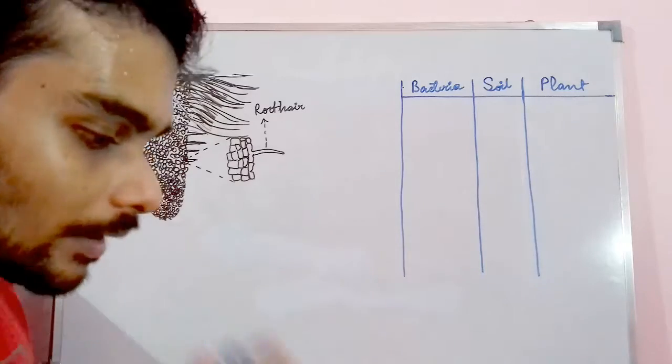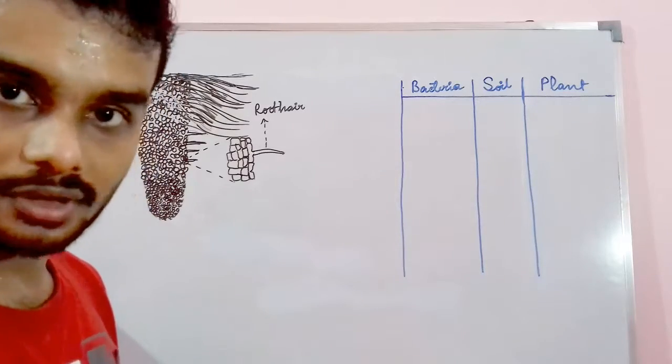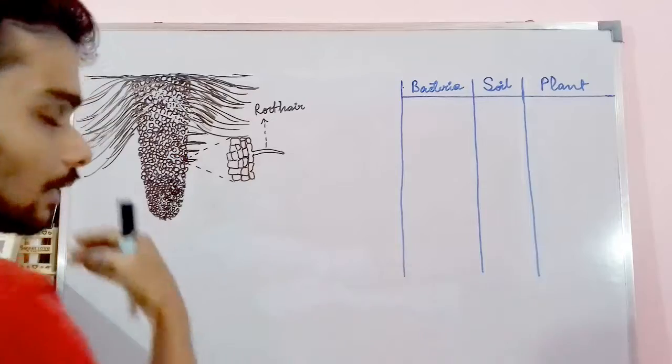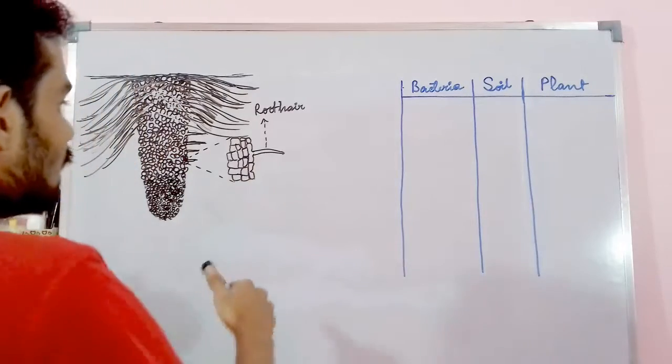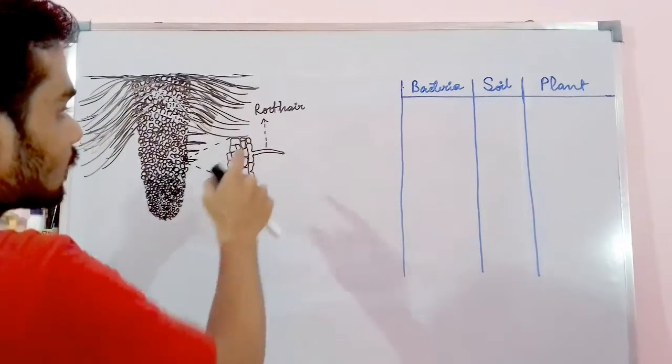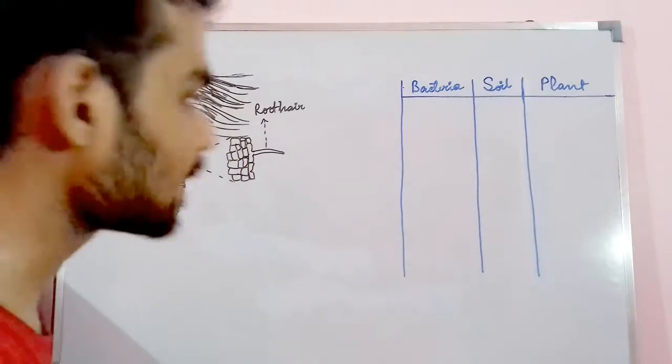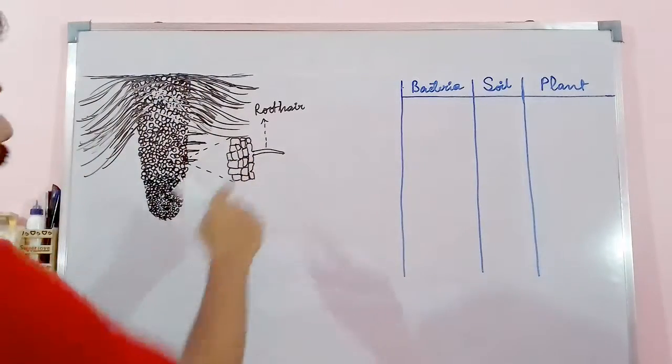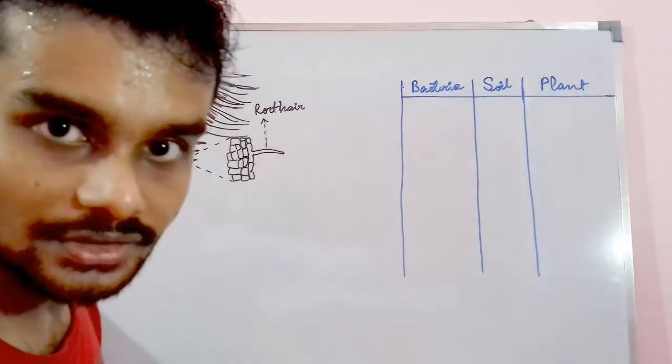With the cortex, the epidermal cells are present, and beyond the epidermis the endodermis is present. This particular area is the only area from where the root hairs begin their projection.